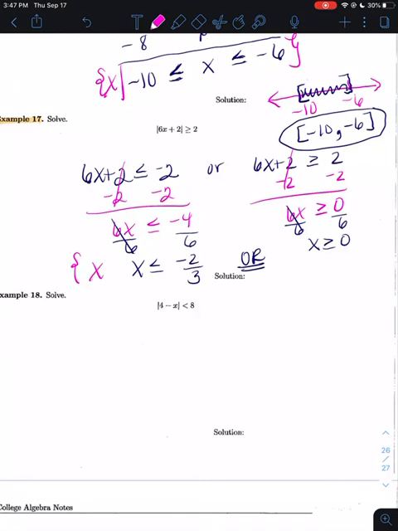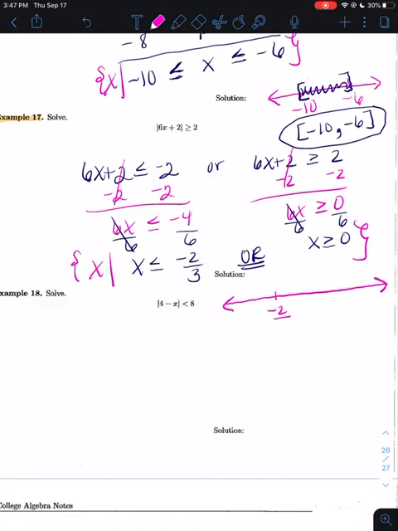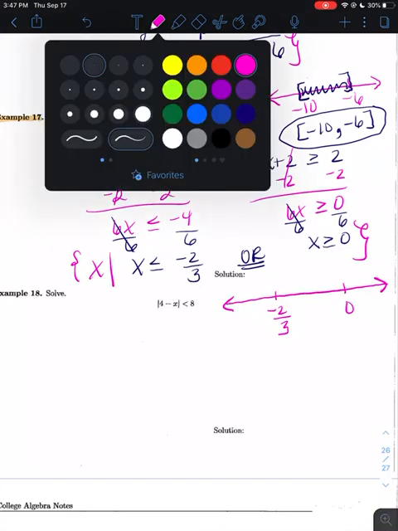If you wanted to put your set builder notation, it will look like this. When it comes to graphing, because you have two separate inequalities, you're going to have two separate pieces that are shaded. The negative 2/3 and 0 are the only two numbers you care about.